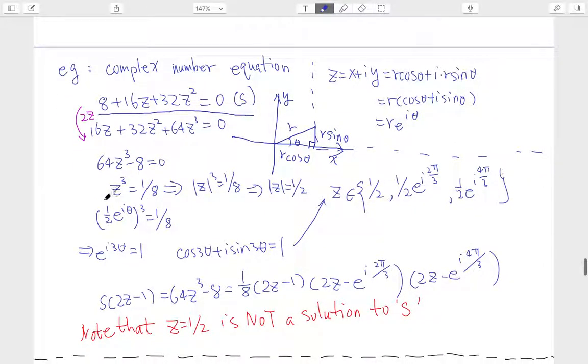Well, at this point, z cubed is equal to 1 over 8. That implies the modulus, or the norm, of this complex number is equal to 1/2.